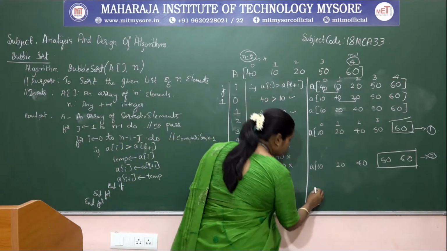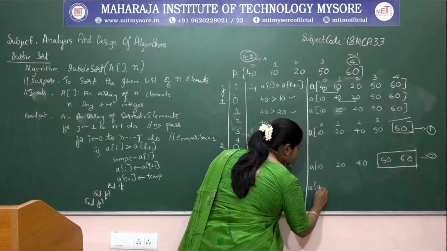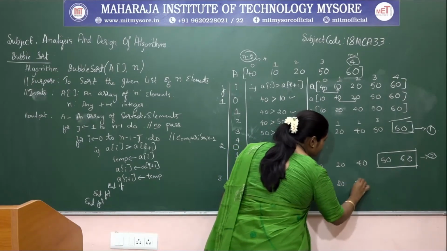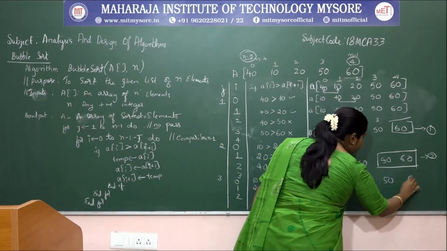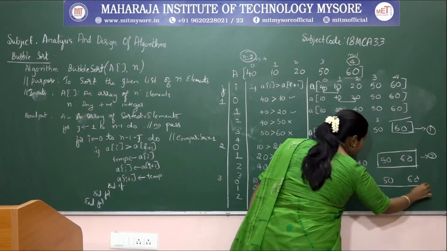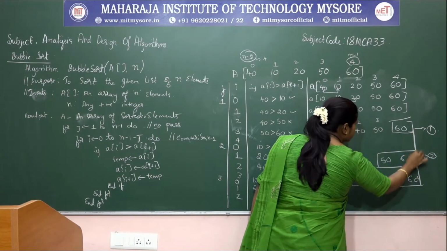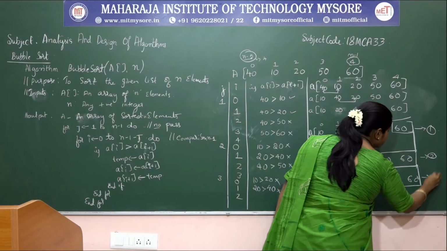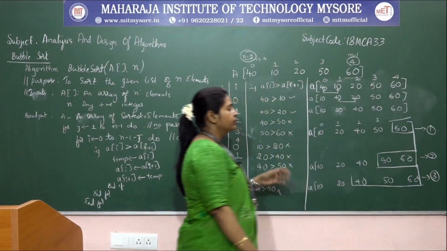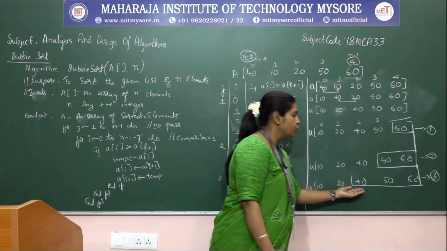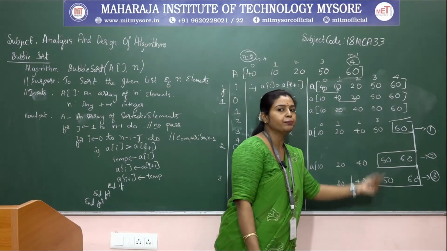At the third pass we have the result 10, 20, 40, 50 and 60. So, these 3 elements got sorted after the third pass.